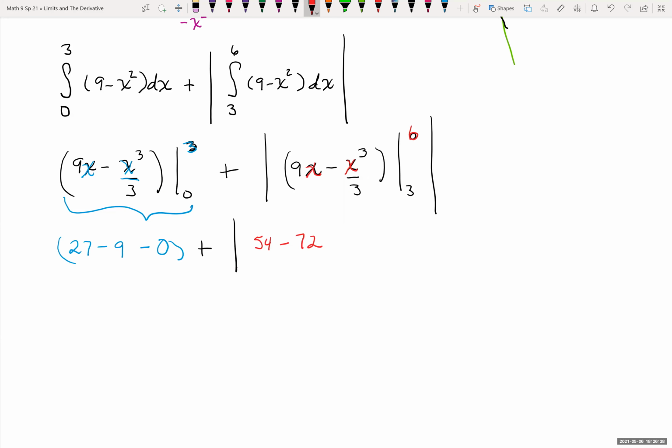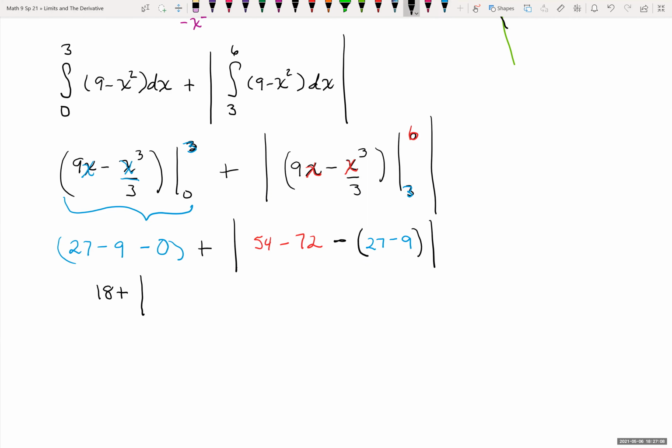So that's just plugging in 6, and then we minus off what we get plugging in 3 wherever we saw an x. Well, we just saw that over here, right? Plugged in 3, we got 27 minus 9. And that absolute value. So 27 minus 9 is 18.